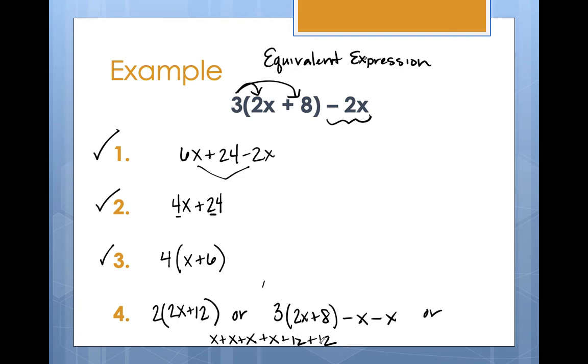There's an infinite amount of options here. You just want to be careful that whatever you write is actually equal to the original expression. Sometimes people try to get creative, which is great, but just make sure your final answer actually equals what we started with.